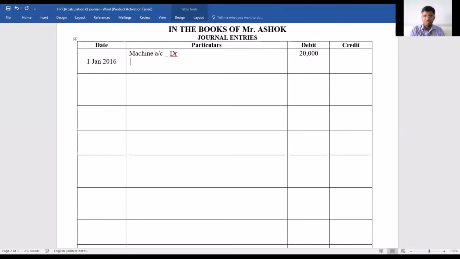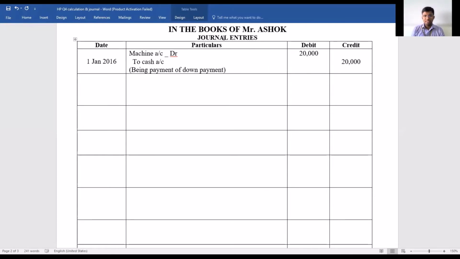Why? Because machine is coming into your business. To cash account. Now, either you could use cash account or you could use bank account. Both are correct. Here, cash account is being credited because cash is going out. Being payment of the down payment.